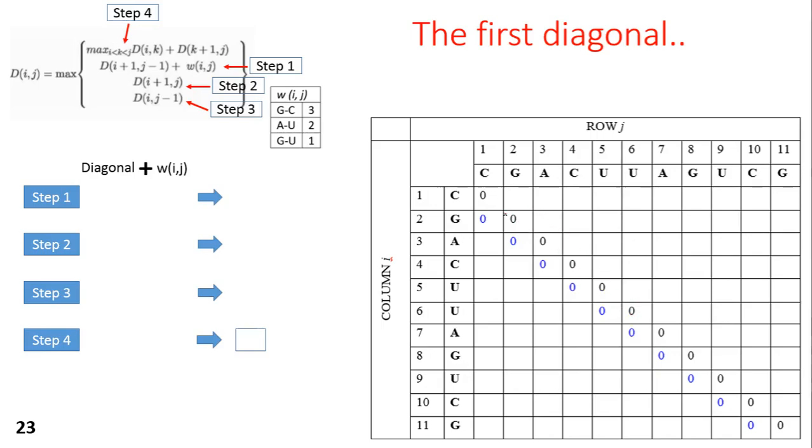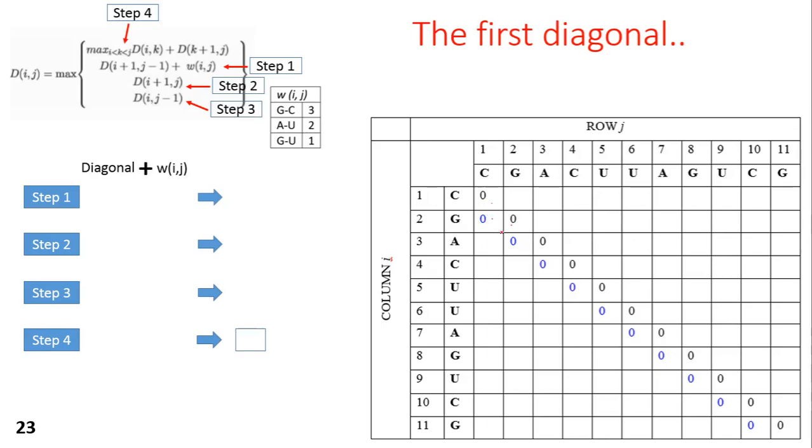We have populated the previous diagonal. Now you might get an idea as to why we have populated the zeros over here. Because the values at this position are dependent on the values of previous boxes: the one in column position, the one in row position, and the one in previous diagonal position.